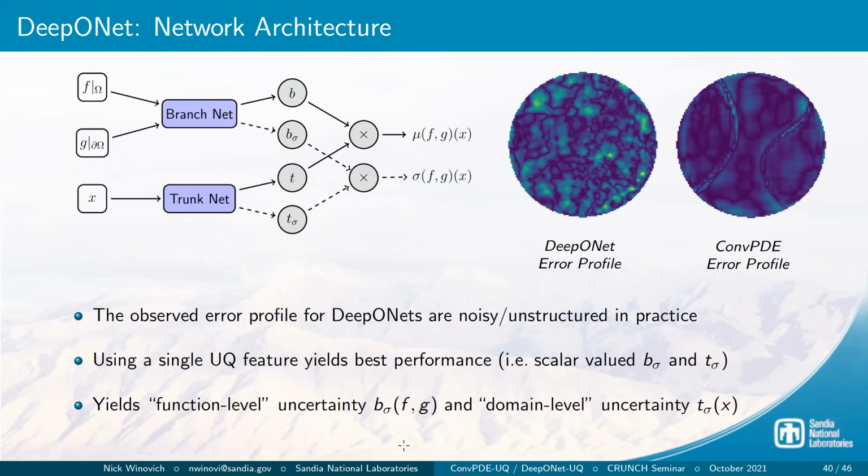Why does it worry you, the fact that the error profile looks like this? So it depends on your problem setting, but it worried me because I'm trying to equip it with uncertainty estimates, and now its goal is much harder than what I was looking at before. And the error profiles were consistently flat.